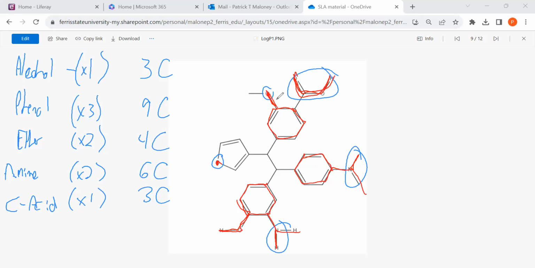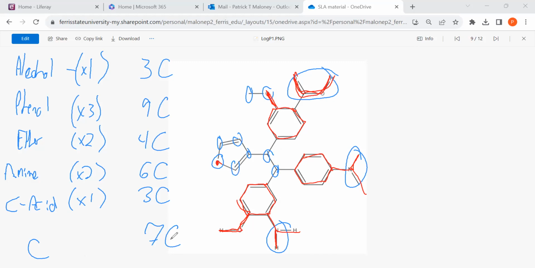Now, looking at our remaining carbons, we've got 1, 2, 3, 4, 5, 6, 7. So straight up carbons, 7C.